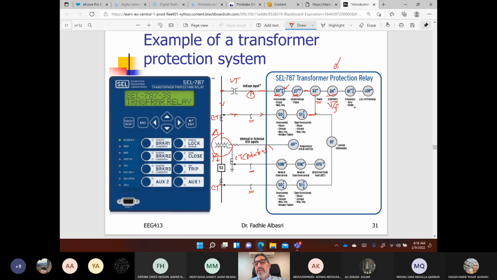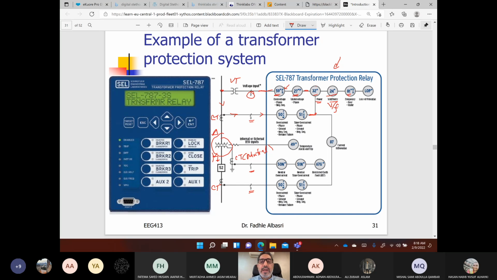We have frequency over or under, which is 81. 81O means over frequency, or 81U, it is under frequency. So how do we detect the frequency? We measure it from the voltage. We detect the frequency of the voltage, and based on that the relay knows whether this is an over frequency or under frequency.